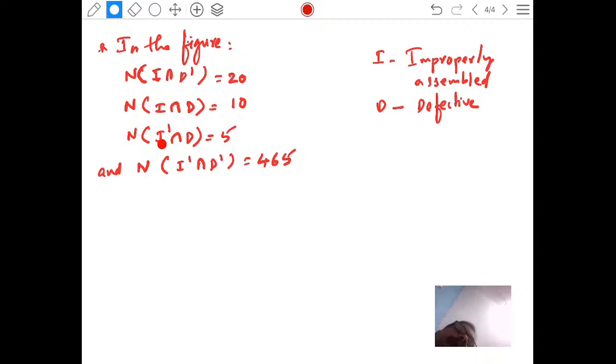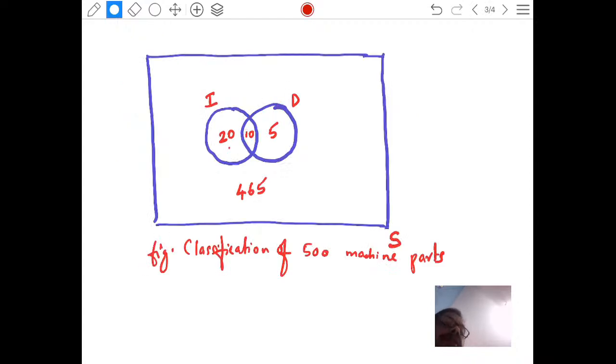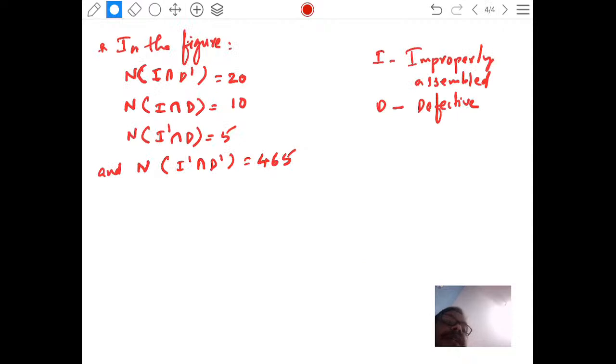So n of I complement intersection D is equal to 5. This region shows 5, which means the number of machine parts which are properly assembled and defective.